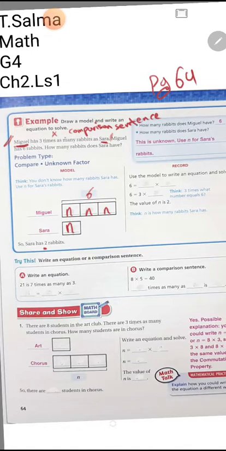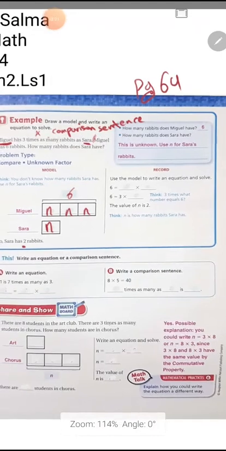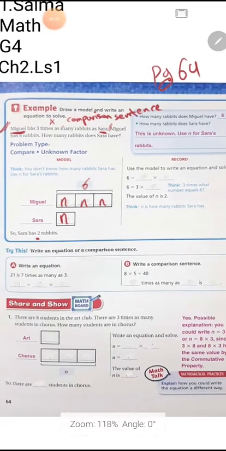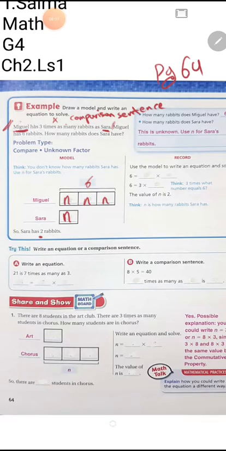Now let's use the equation to find the answer. I told you that in this comparison sentence, "times as many" means multiplication. So 3 multiplied by what?